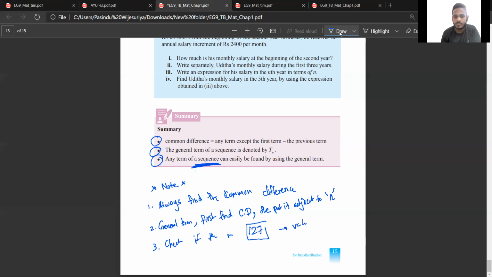So you will have to substitute this in place of tn and get the answer. Don't consider this as the n. n is the term that we have to find, and this will help you to find the n. Don't substitute this value for the n.